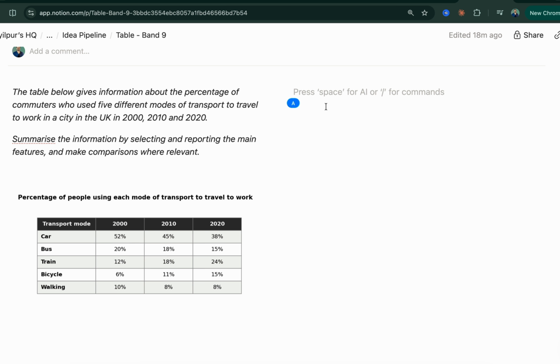Now, in the introduction, as you know, I do not love to completely paraphrase the question prompt. What I want is to basically write it in a way that I feel quite genuine.